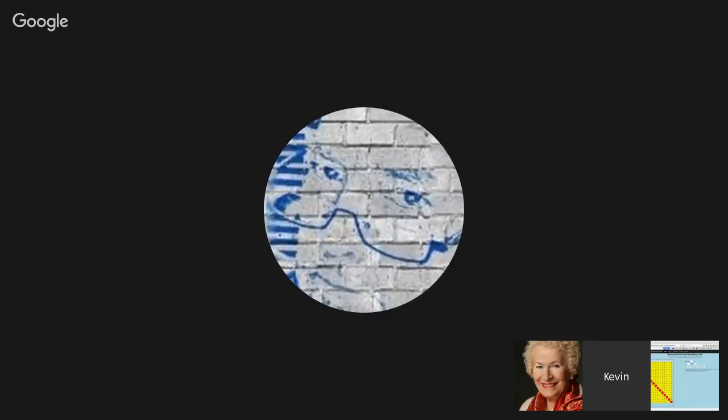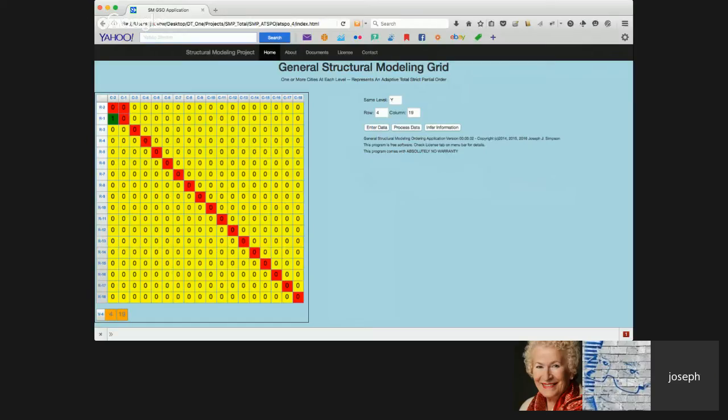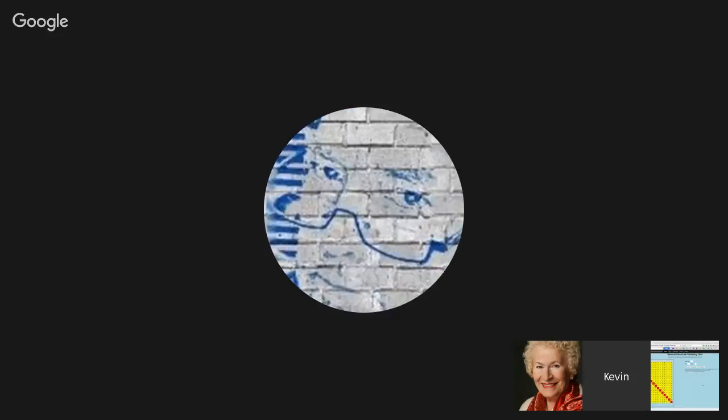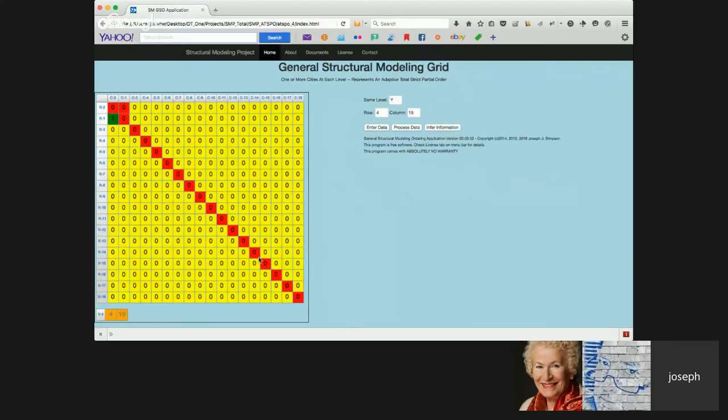So what's the difference between processing the data and inferring information? Okay, look. What we're doing here is entering the data. That's a main process where we're gathering new empirical information and entering it into the matrix. And then process the data comes into play when we have 1s in the upper triangular area.